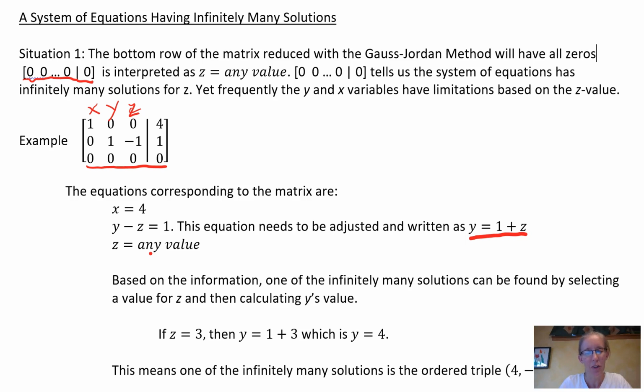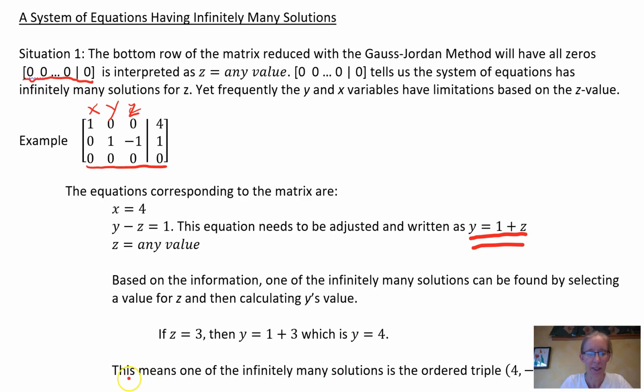This is a general form of the solution of equations. But if I actually wanted to know an ordered triple that truly worked for all of these, then I need to randomly guess a value for z. Based on the information above, one of the infinitely many solutions can be found by selecting a value for z and then calculating y's value. I guessed z equals 3. Remember, z can be any number. So if z equals 3, then y will equal 1 plus 3, because y equals 1 plus z. So y equals 4.